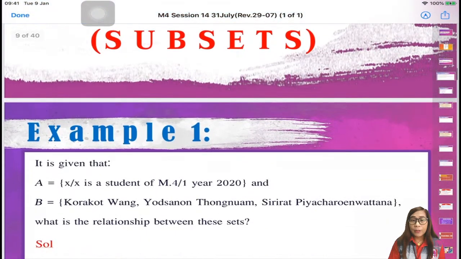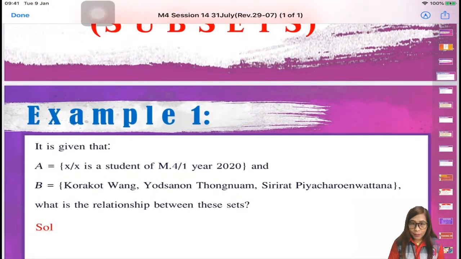For example, number one, it is given that A is the set of all X such that X is a student of M4/1 year 2020, and B is the set of Korakot Wang, Yod Sanon Tong Nuam, Sirira Pia Charon Watana. And what is the relationship between these two sets?